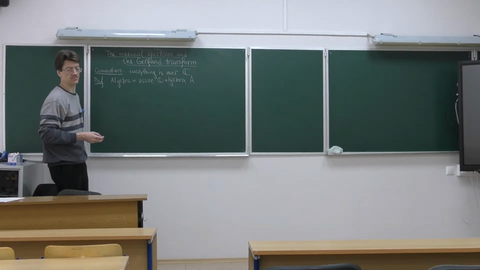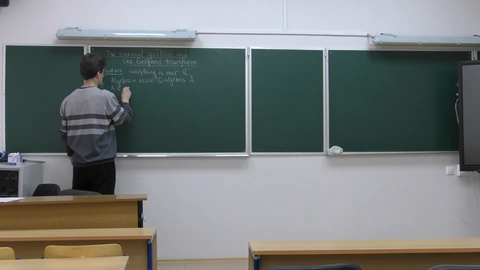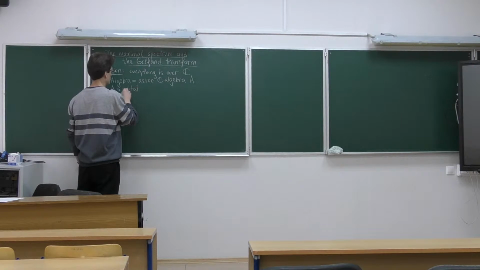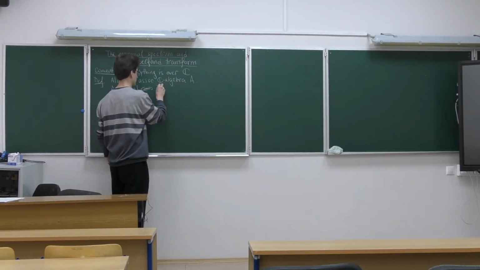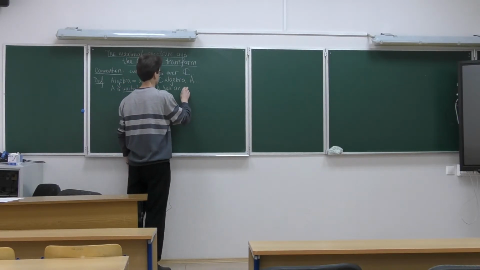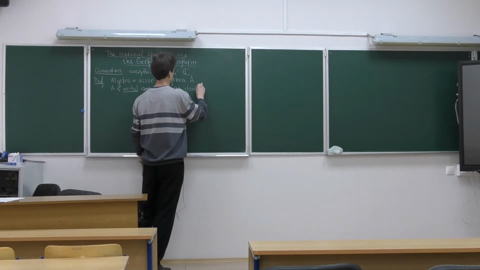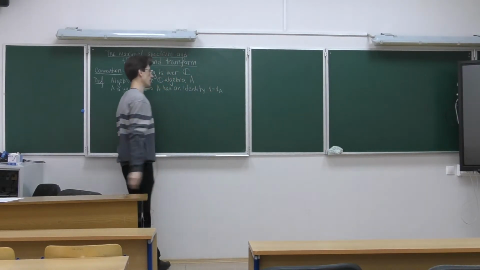We say that A is unital if it has an identity element, which will be denoted just by 1.